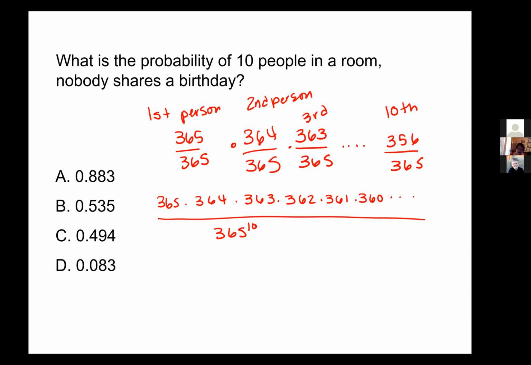So you take 365 times 364 times 363 times 362 times 361 times 360 times 359 times 358 times 357 times 356, and then divide that by 365 to the 10th power, because you got 365 ten times. And when I did that, I got 0.883. Hopefully I did that right this time.